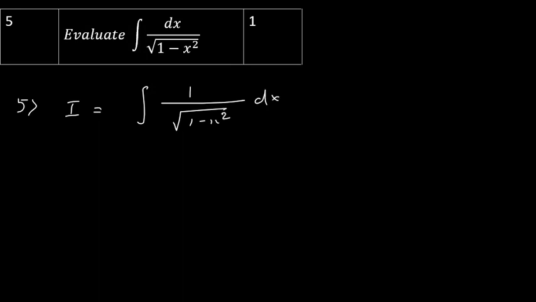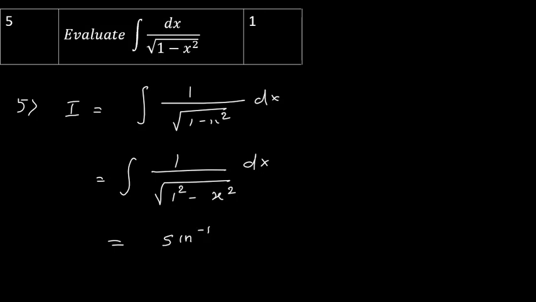So you know the formula of 1 upon root of a square minus x square. You can write this 1 as 1 square minus x square. I hope you know the formula. It is sin inverse x upon a. So here you will write sin inverse x upon 1, so it is sin inverse x only, plus c. Don't forget to write plus c.